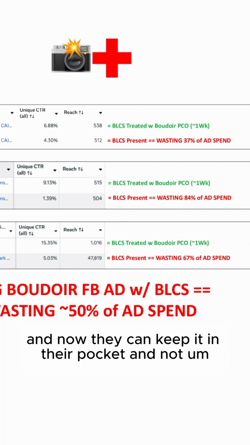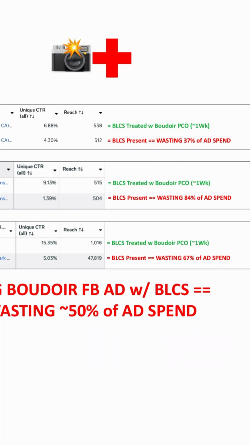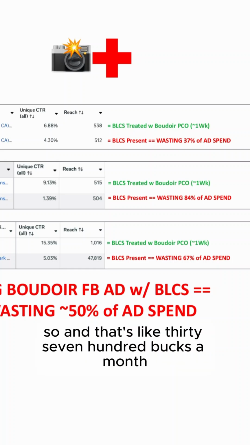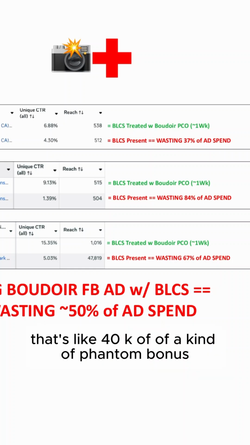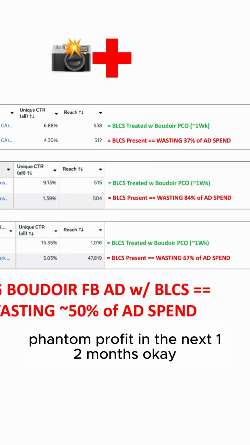And now they can keep it in their pocket and not waste it. That's like $3,700 a month, like 40K of phantom bonus, phantom profit in the next 12 months.